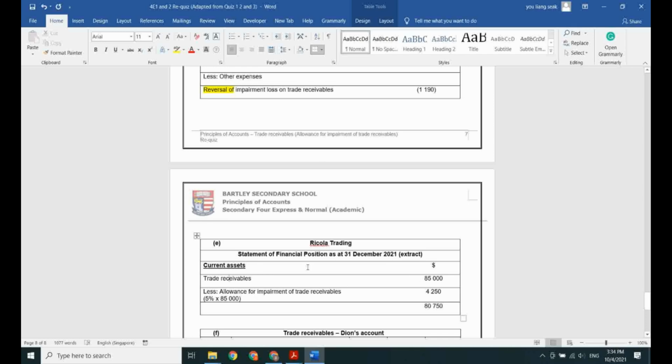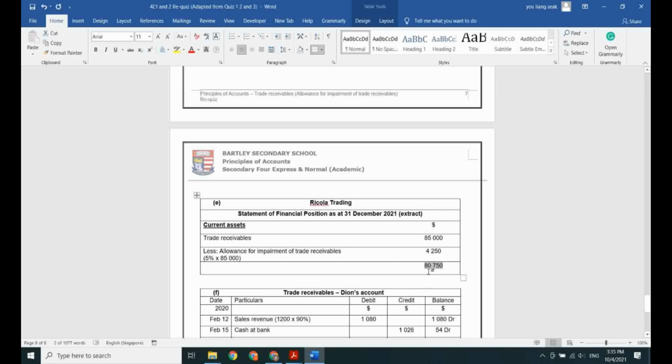Because the question has actually given you 85,000 for trade receivables balance, and this 5% you got from part 1A. So what you have to do is just take this 85,000 minus the accountant's estimation of the allowance for impairment of trade receivables, and you can get this answer. And that's how you can secure the 2 marks for this part E.